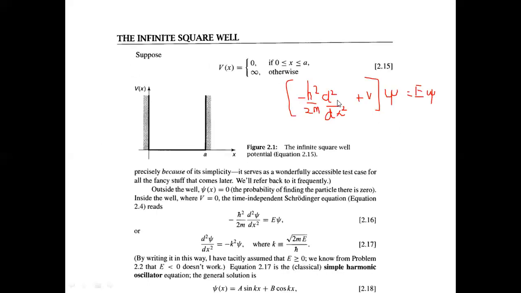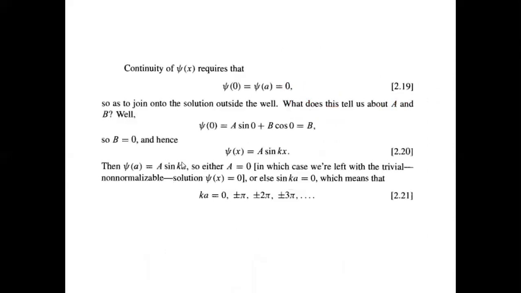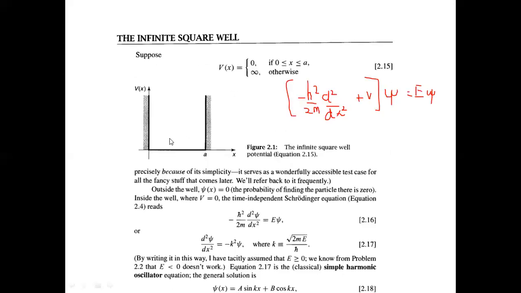Now all problems will be using something called the boundary conditions. The boundary condition says that the function phi should be continuous at the boundary, at x equal to 0 and at x equal to a.